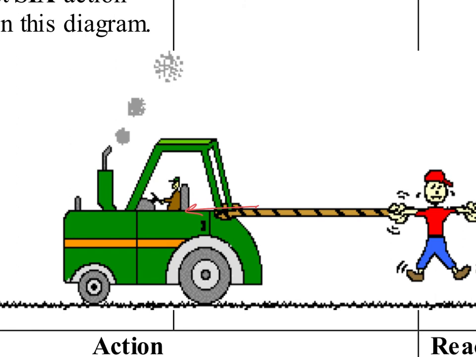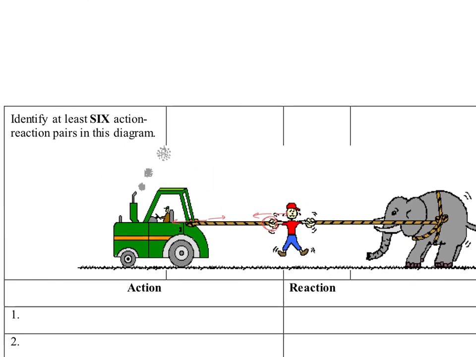What's the tractor actually touching and pulling? The rope. Good. And then the rope's going to pull it to the right. The rope here is going to pull the boy to the left, and the boy is going to pull the rope to the right.